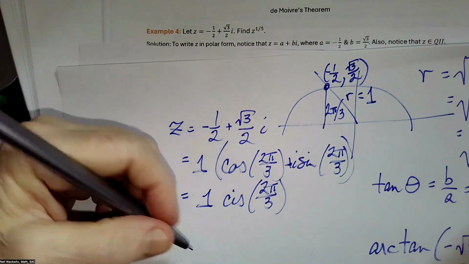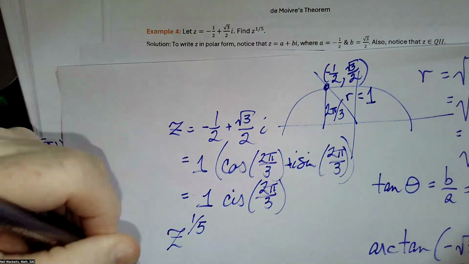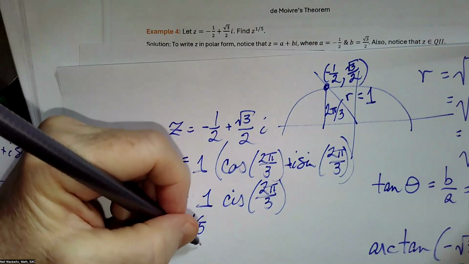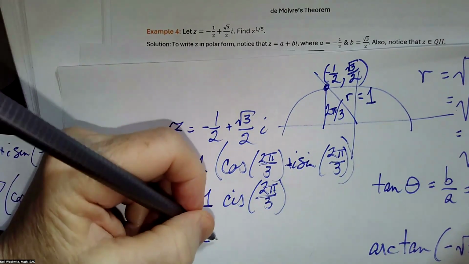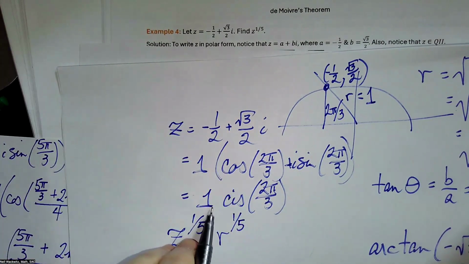Now I want to find the 5th roots of z. That means I need to find the 5th roots of 1.